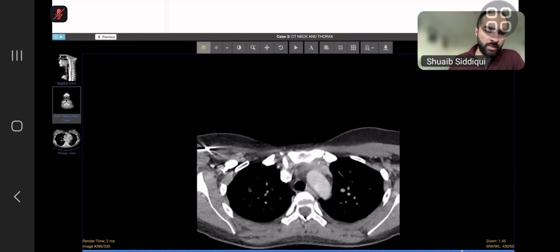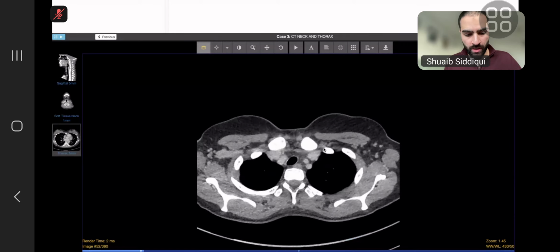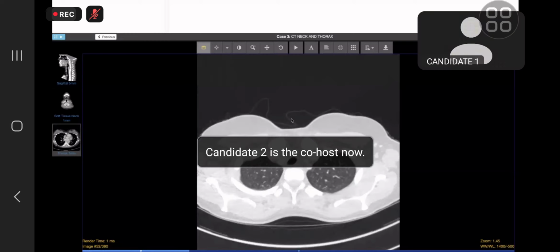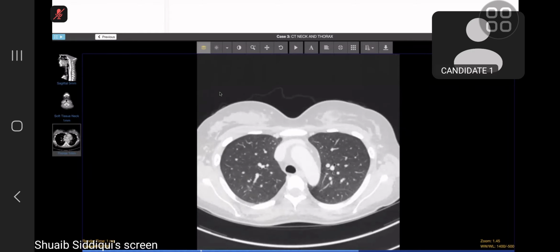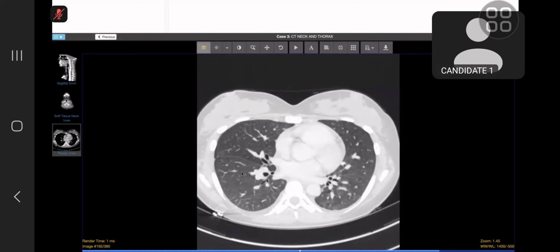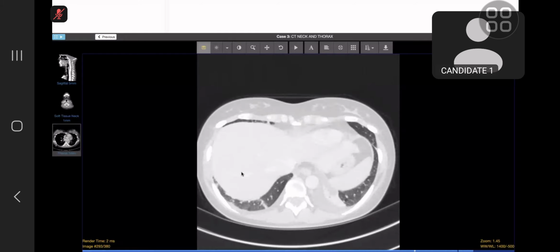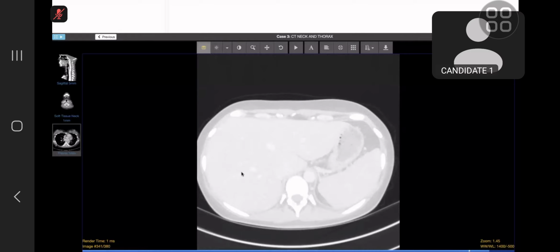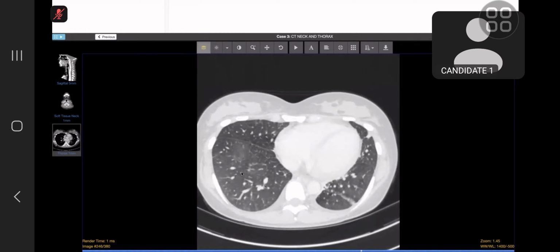That's fine. Okay, let me bring up the thorax for you. So you can look through the thorax. I'll put it on lung window for you. Yes, sir. So scroll through the thorax for me, please. So there's evidence of multiple peripheral areas of subsegmental consolidation seen in both the lower lobes.